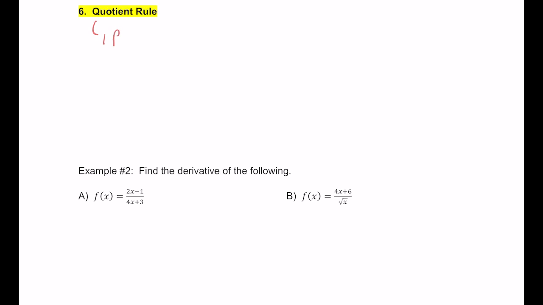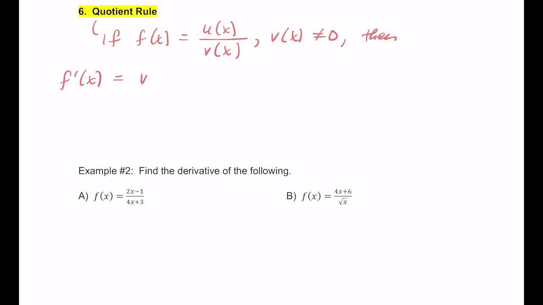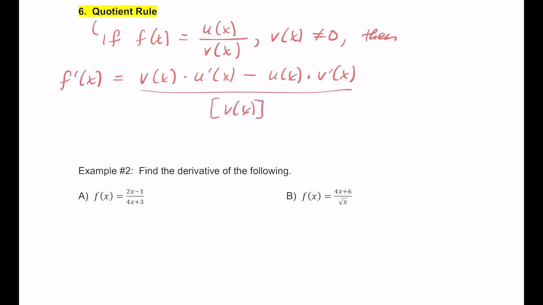So the quotient rule tells us that if you have a function equal to some expression, we'll call it u of x, over another expression v of x, where v of x we know cannot equal 0, then the derivative of f of x would just be v of x times u prime of x, minus u of x times v prime of x, and then all over v of x squared.